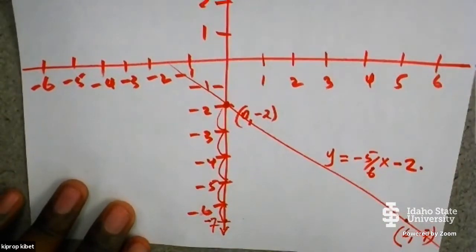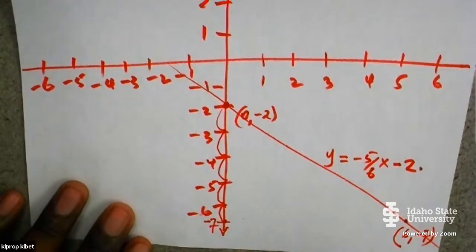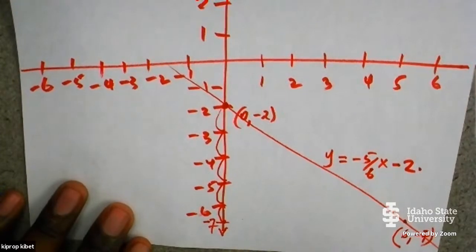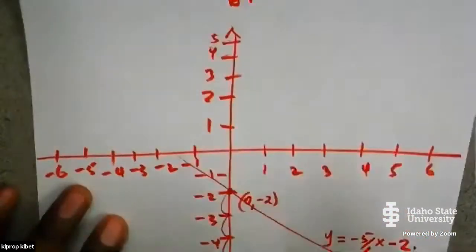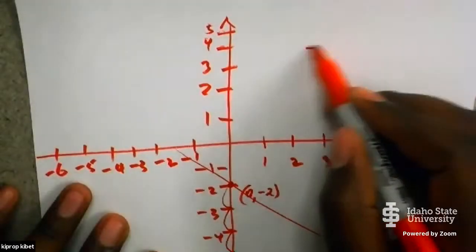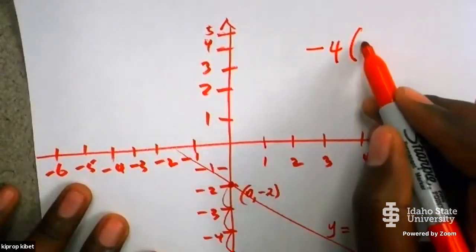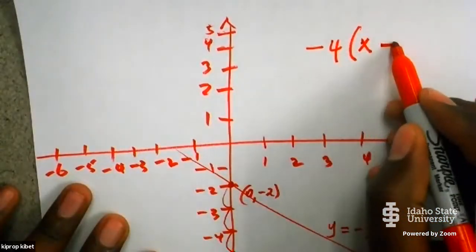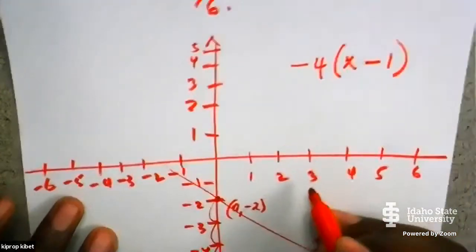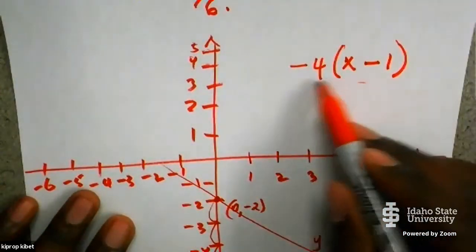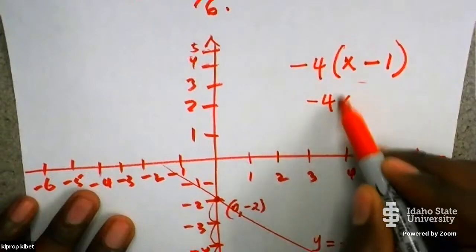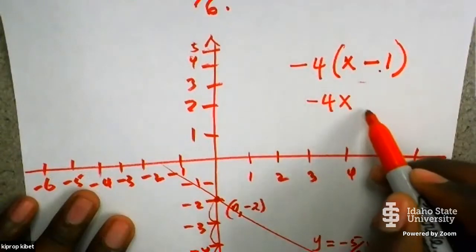I noticed one thing about you guys, you confuse the signs. Like in the first portion, when you have -4 there, then (x - 1) here, when you open these brackets, it will be -4x plus what?